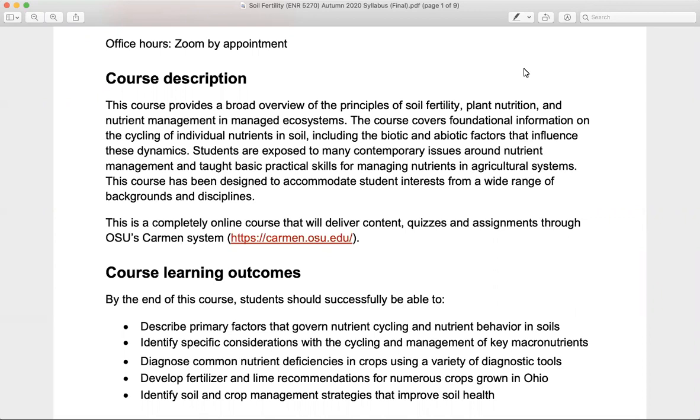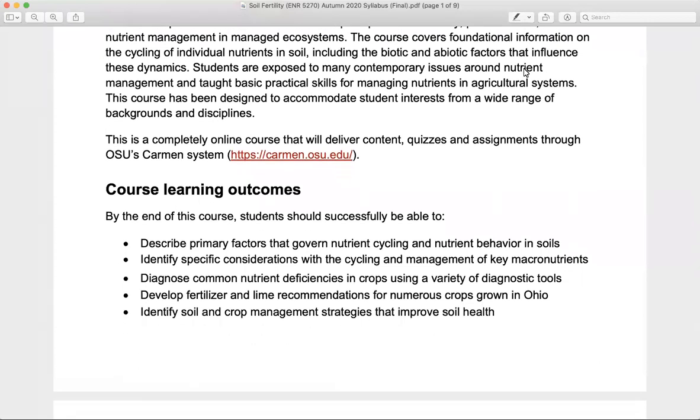Okay, so broadly defined course outcomes: at the end of this course, you should be able to describe primary factors that govern nutrient cycling and behavior in soil. That's a basic conceptual piece, and it really provides the foundation for soil fertility. You should identify specific considerations and key constraints with the cycling and management of some of the key macronutrients that we typically manage in agricultural systems.